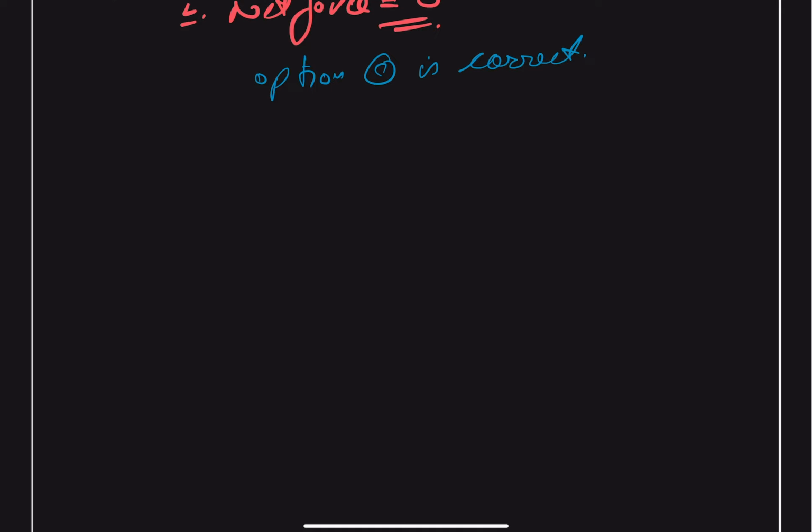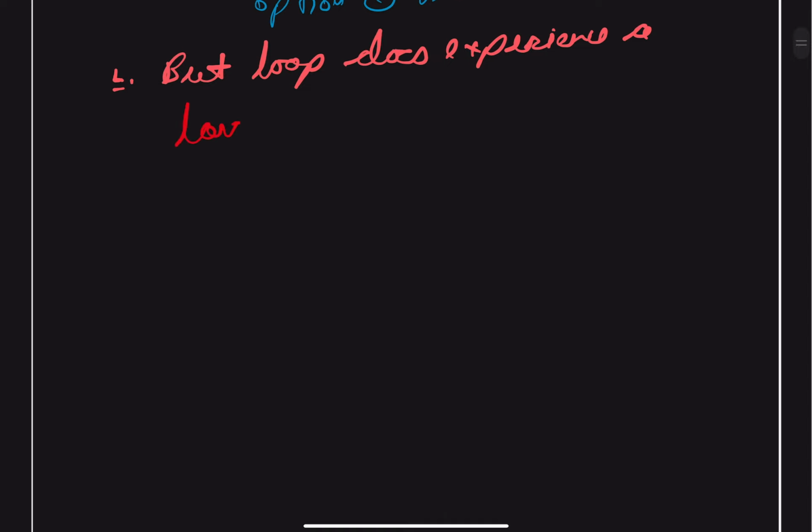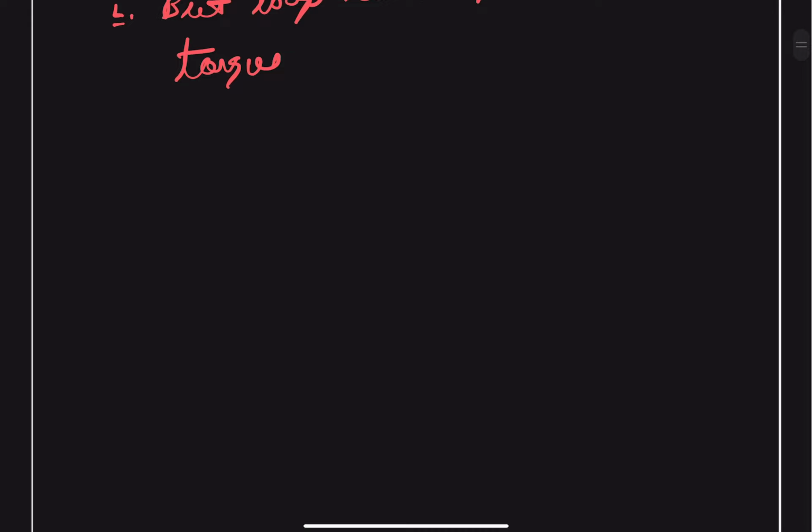Net force is 0, but the loop does experience a torque, and that is given as torque equals M cross B, where M is the magnetic dipole moment, given as I A n, where the unit vector n, perpendicular to the area, gives the direction the area is facing. It is our magnetic dipole moment.